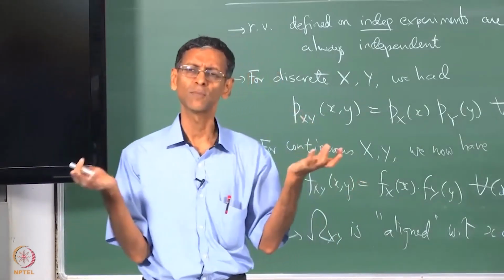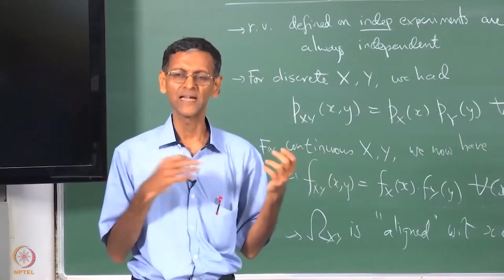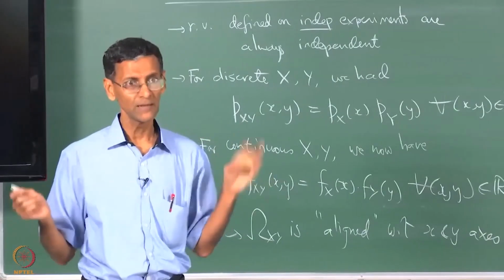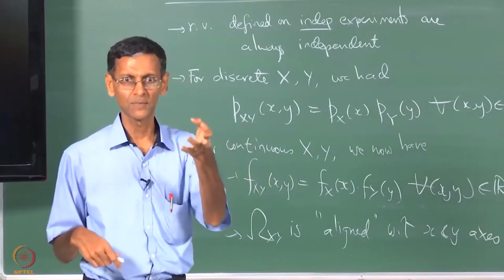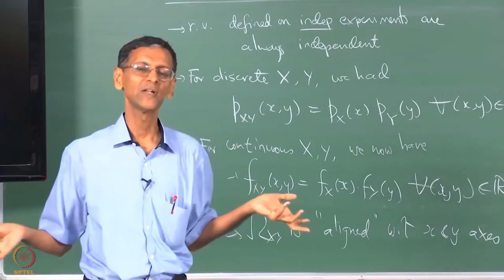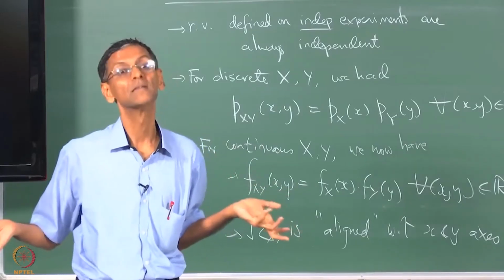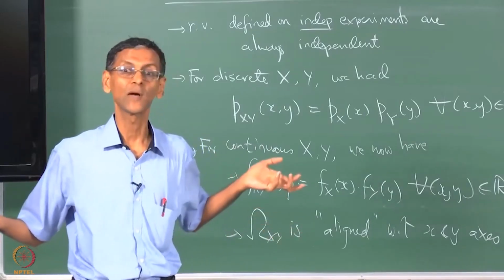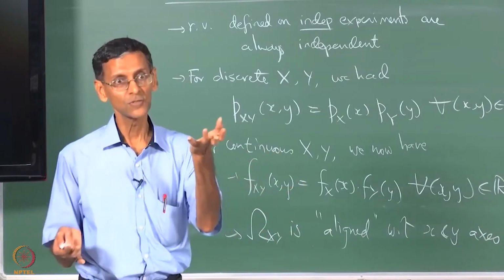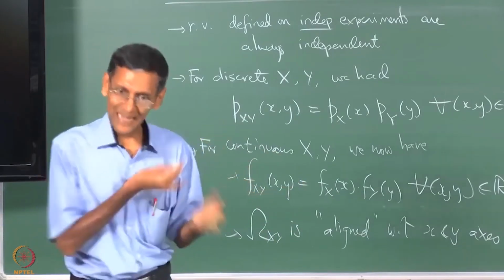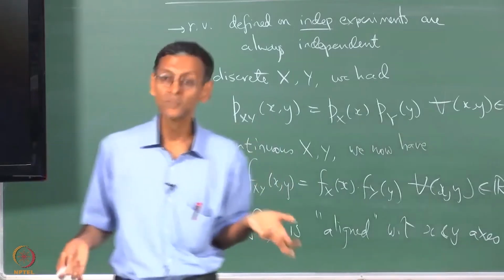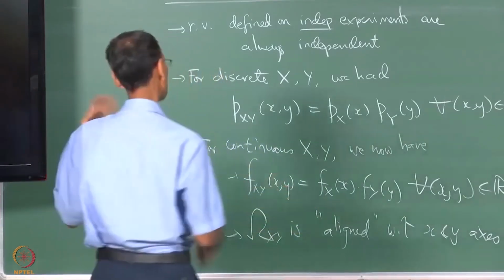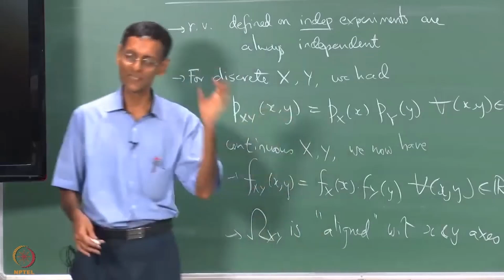I think in one of the homework problems you would have seen, for example, z equal to xy for uniform 0 1 in that third problem set. You would find that x and z were actually independent, even though z was equal to x into y. You did that, right? Like that, you can get independence by accident also. It is not so commonly encountered, but it does happen once in a while.